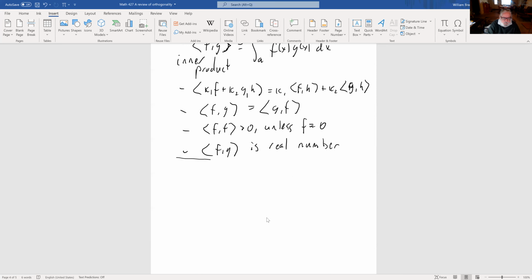So we'll let f1 of x equal sine x and f2 of x equal cosine x.